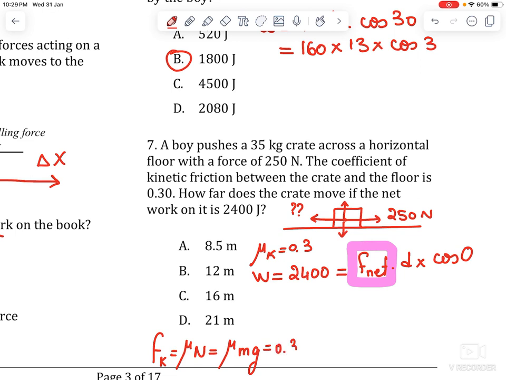So it is 0.3 times 35 times 9.8, which is almost 103. So F net equals 250 minus this 103.